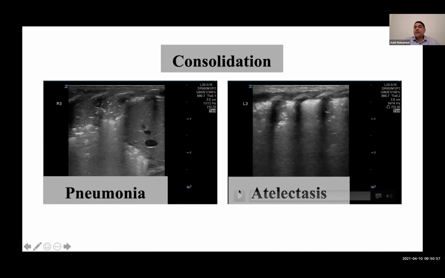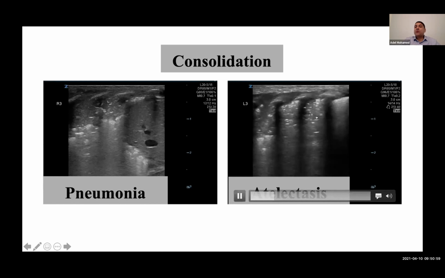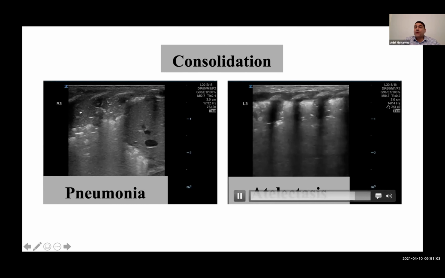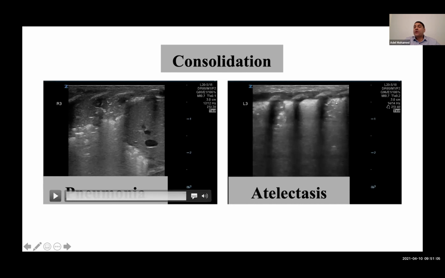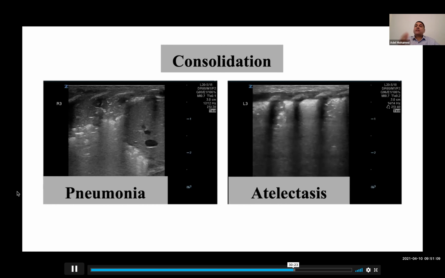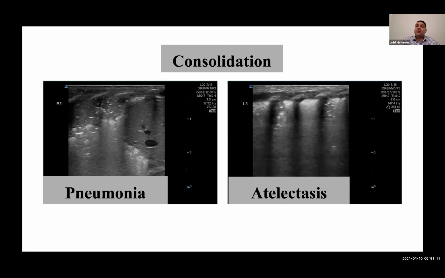Compared to the atelectasis, where you see it slightly more echogenic compared to the pneumonia part. You have the air bronchogram, and usually, especially with good support, it will collapse during expiration and open during inspiration. And this is the beauty when you do a clip rather than a still picture.